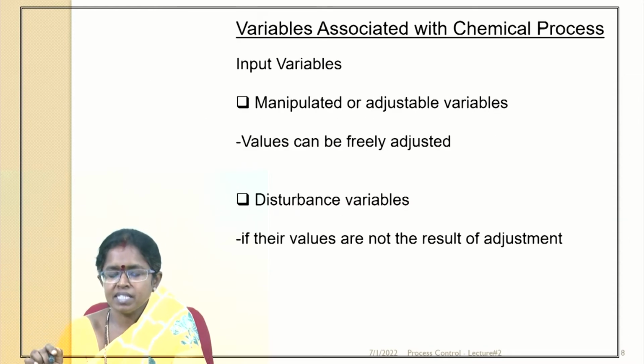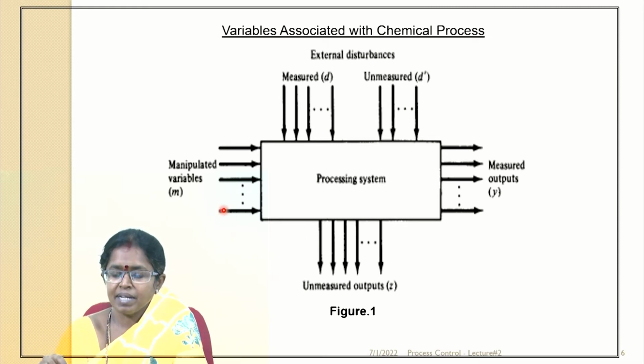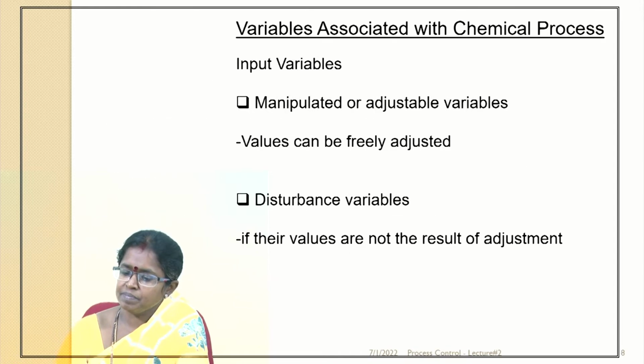Manipulated variables means what? Variables which can be adjusted by a human in case of a manual control system, or by a controller in case of an automatic control system. Whereas what is meant by process variable? The variables we are interested in controlling, they cannot be adjusted manually.